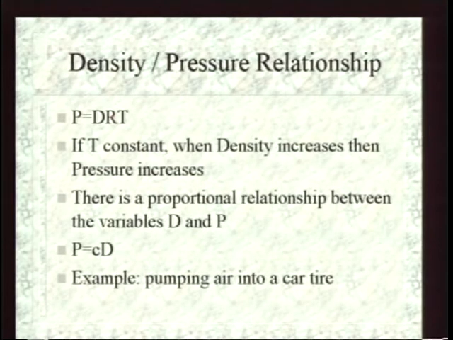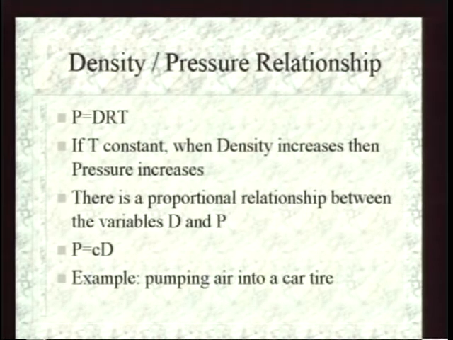If the temperature is constant, when the density increases, then the pressure is going to increase. So there is a proportional relationship between the variables of density and pressure. If density goes up, pressure goes up. If the pressure goes down, then the density is going to go down.